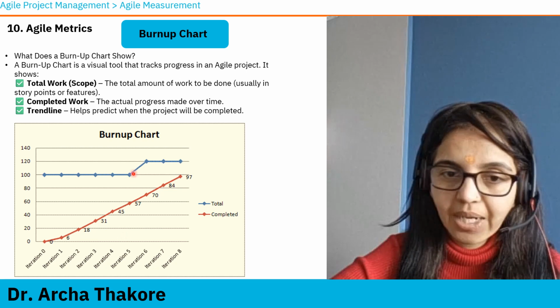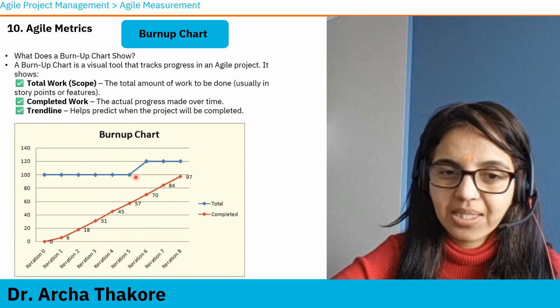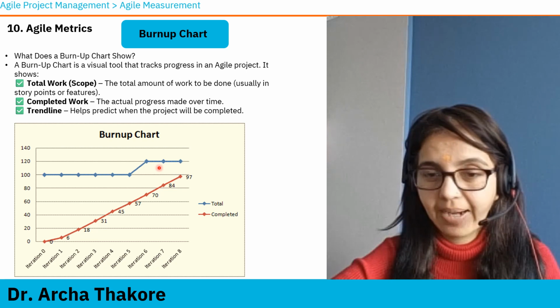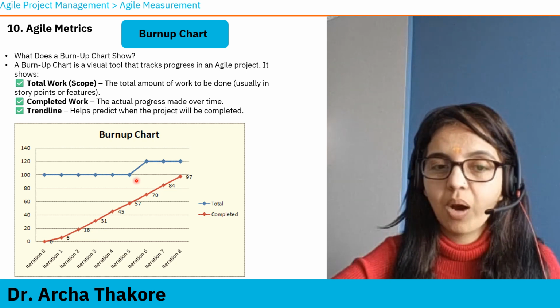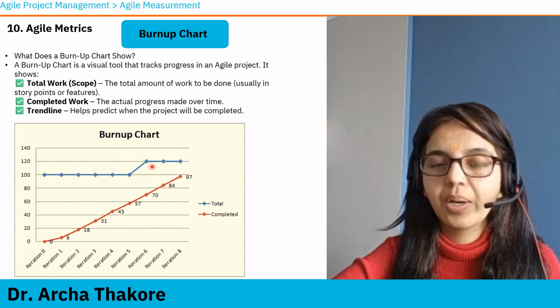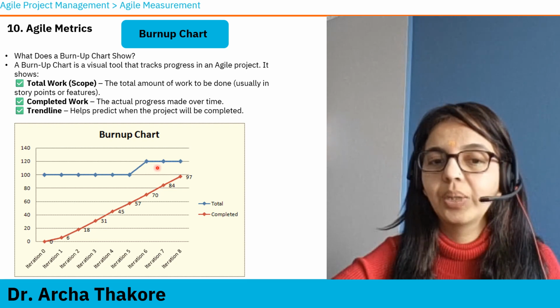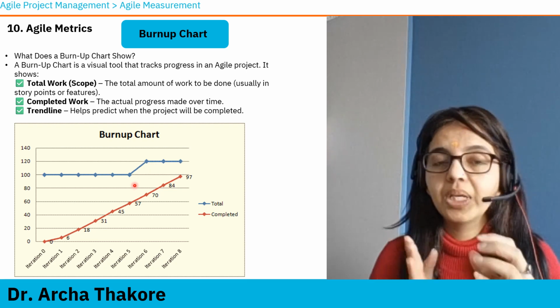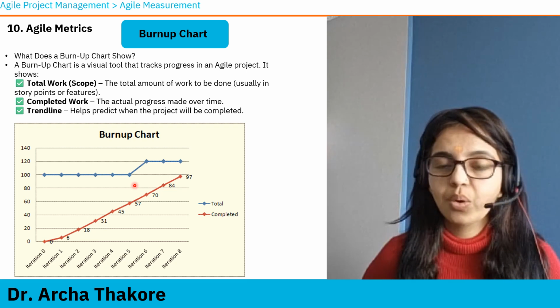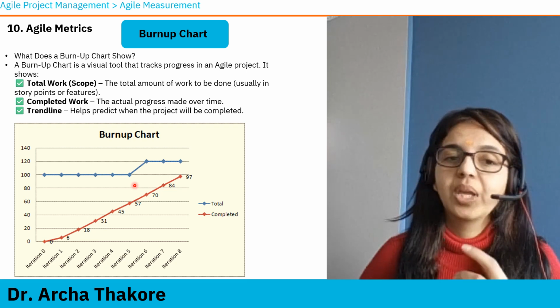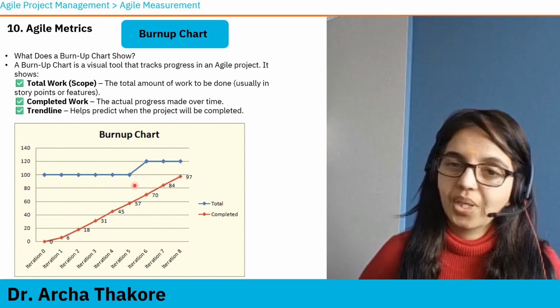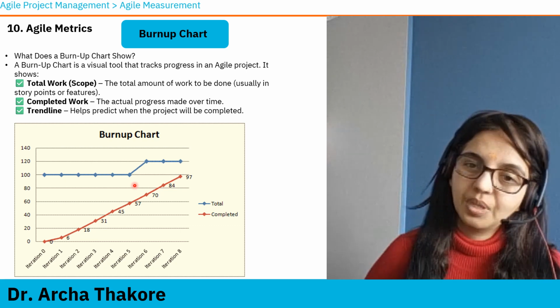Around iteration 5, between 5 and 6, this is going up. That means more stories are added to the product backlog, which has increased your story point total to 120, which means there has been scope creep. Scope creep is when more items are added to scope, and agile is flexible in terms of change management. So maybe more story points are added, more work is added to the project.